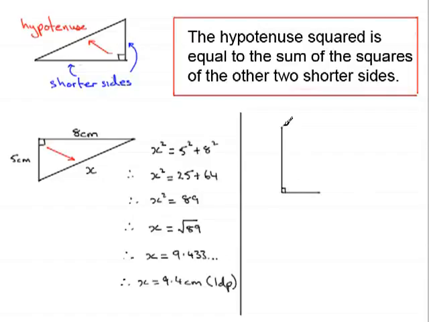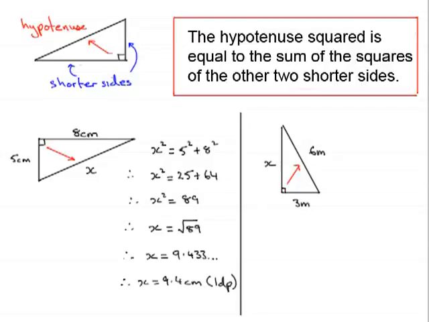And let's suppose that this length here is 6 meters and this length here is 3 meters, and we're asked to find this length over here, x. Okay, now in this triangle, where is the hypotenuse? Well, the hypotenuse is the side opposite the right angle. So that would be this side over here, the 6 meters.